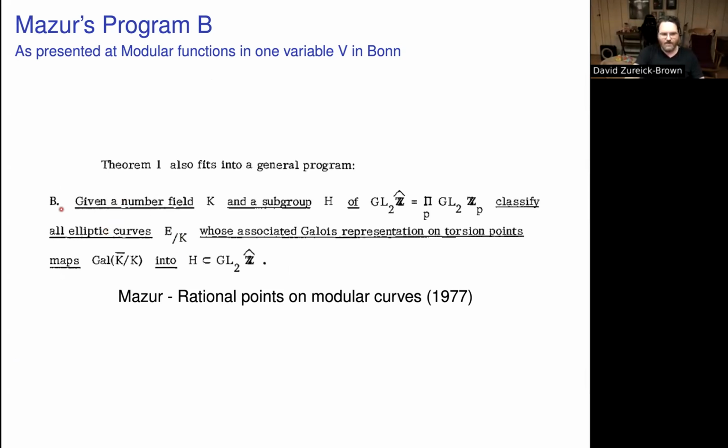This is Program B. There's no Program C, just a Conjecture C, which was a different version of uniformity. And he laid out this program of, very generally, pick a subgroup, presumably open, of GL2 Z hat and find all elliptic curves whose image of Galois lands in this subgroup H. So if H is the full group, it's everything.